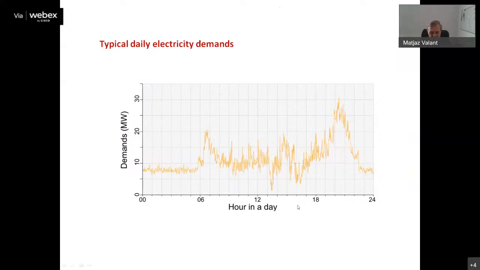Now we have to cover these fluctuations by the production of electricity. Here is a typical curve of how we produce electricity. We can control the production of electricity, but we can't do it on such a fine scale as is required by the consumption. So we have to decide: are we going to produce electricity at this level, or are we going to produce so much that we cover all the peaks?